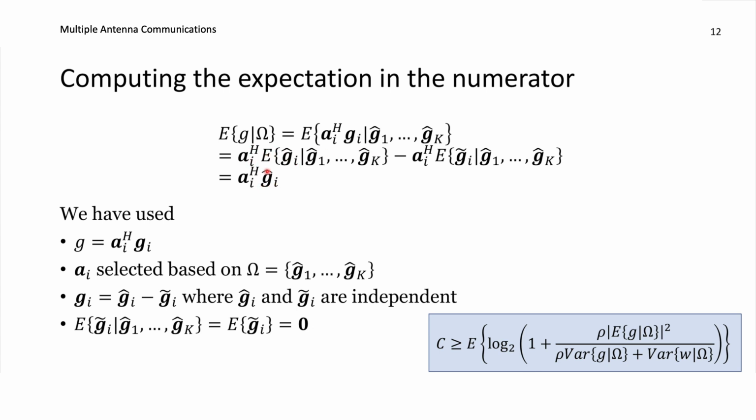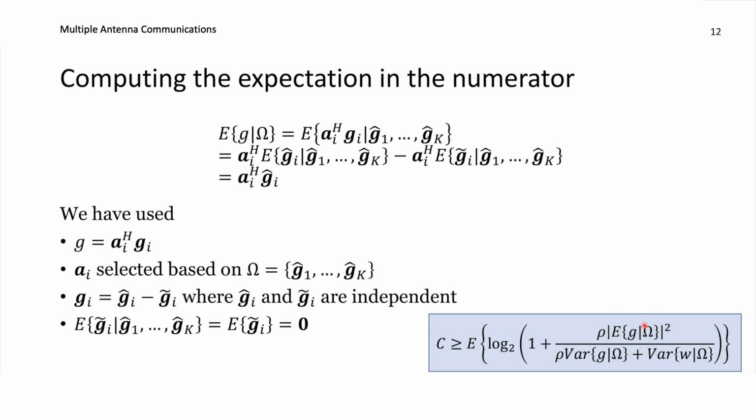And the estimation error is independent of the estimates, so knowing the estimates doesn't tell us anything about the estimation errors. We can drop that information and write the expected value of the estimation error, and that one has zero mean, so this term goes away. So now we have computed a term in the numerator. It's the inner product between the channel estimate of the user of interest and its receiver filter. That's what should go inside this absolute value square.